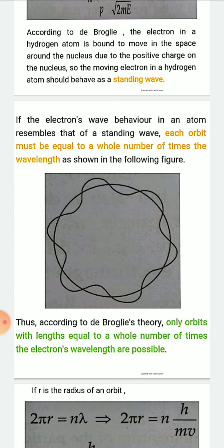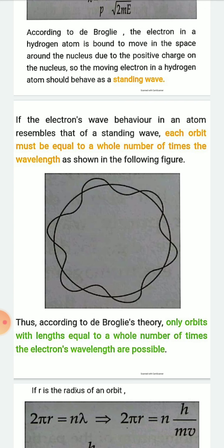If the electron wave behavior in an atom resembles that of a standing wave, each orbit must be equal to a whole number of times the wavelength, as shown in the following figure.